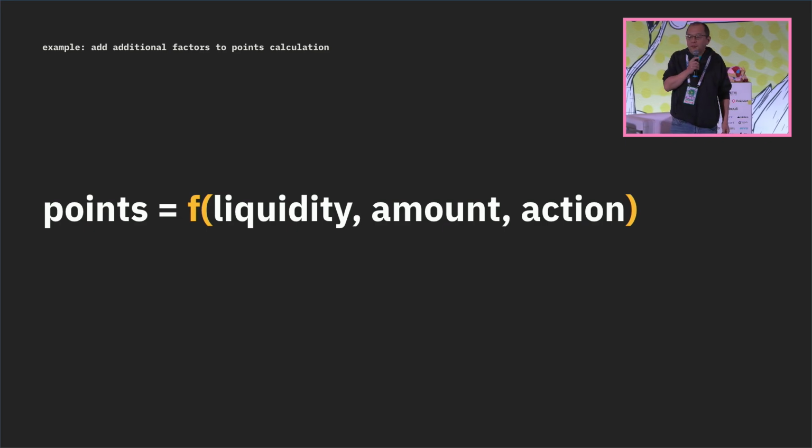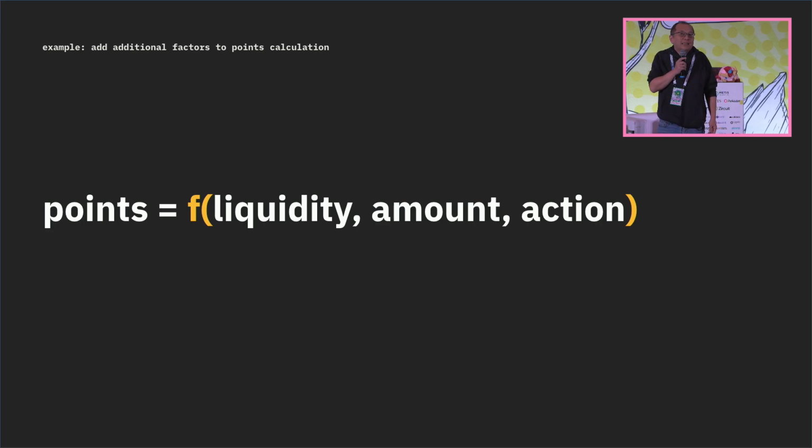Also, if you are a DeFi protocol, just think about that. Let's say it's a pool on Uniswap. Let's pretend you are Uniswap, and you want to give people incentive to deposit into the pool.